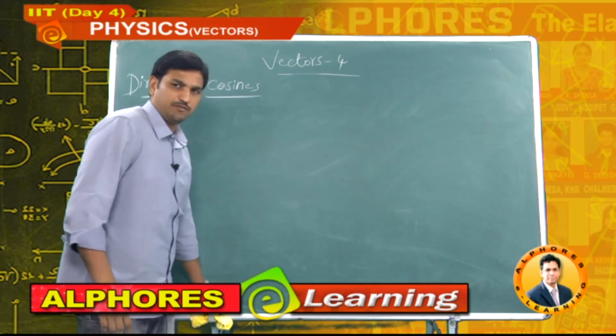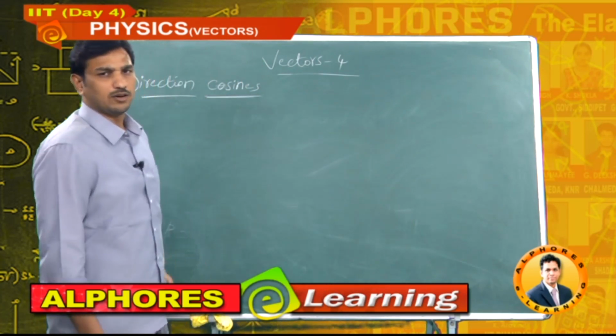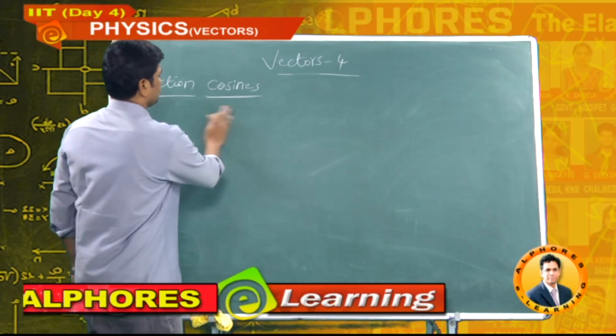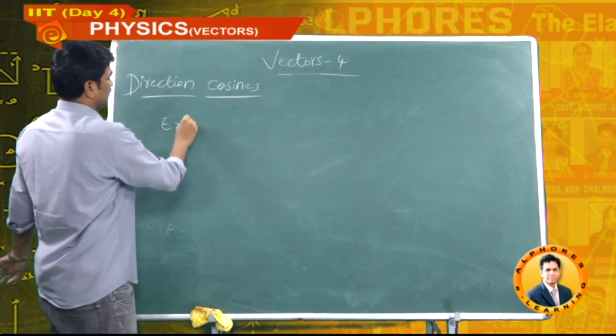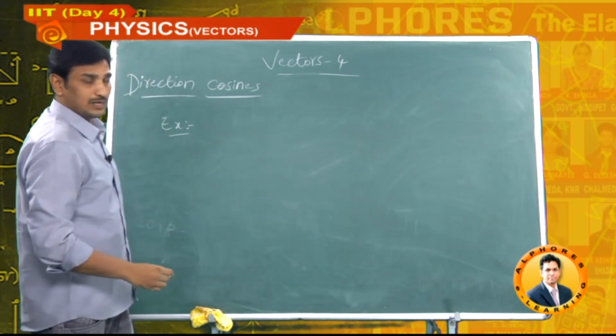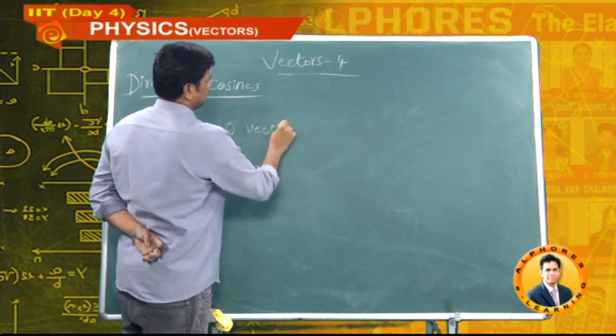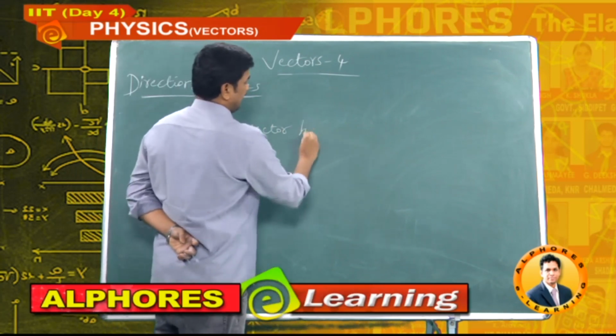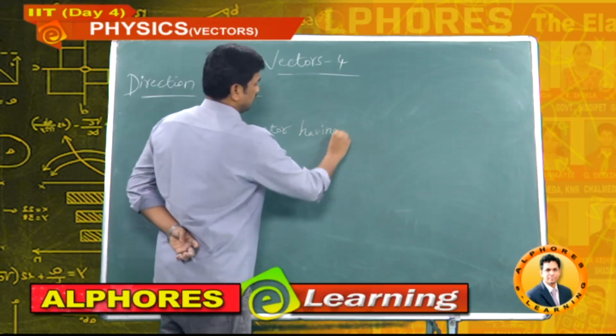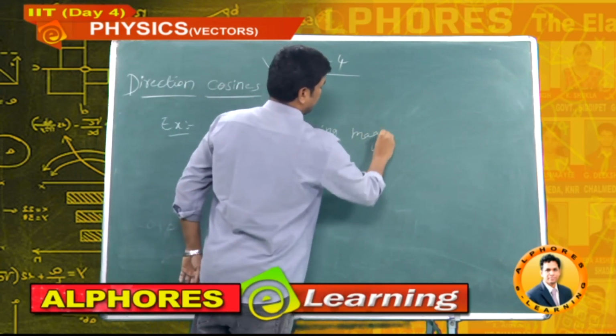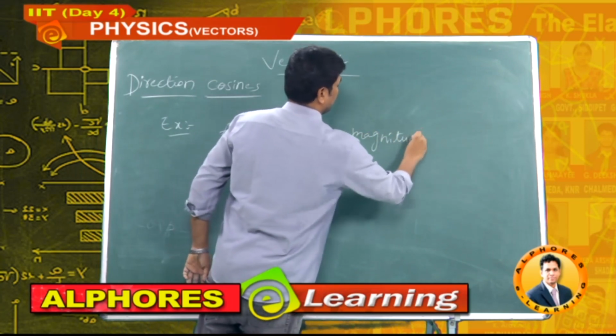See, I will give you one example depending on this direction cosine. Example. What is that example? A vector having magnitude 2.